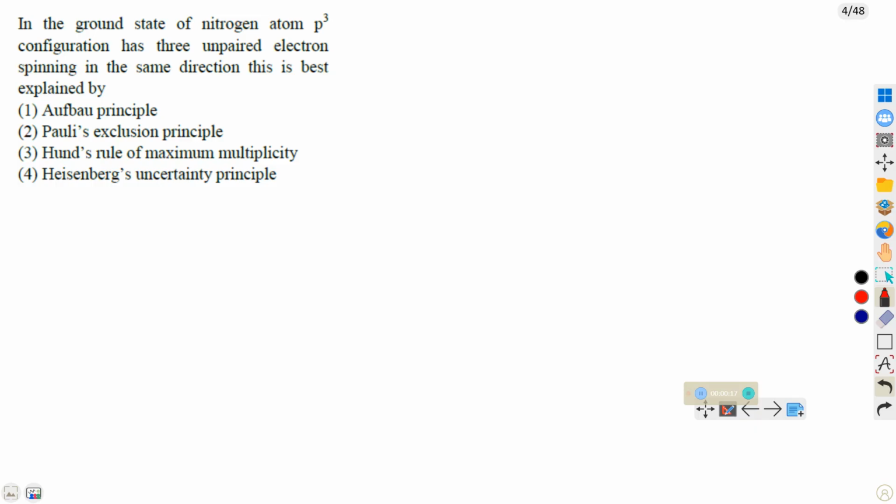In the ground state of nitrogen atom, p3 configuration has 3 unpaired electrons spinning in the same direction. This is explained by Hund's rule of maximum multiplicity. Nitrogen electronic configuration is helium 2s2 2p3.